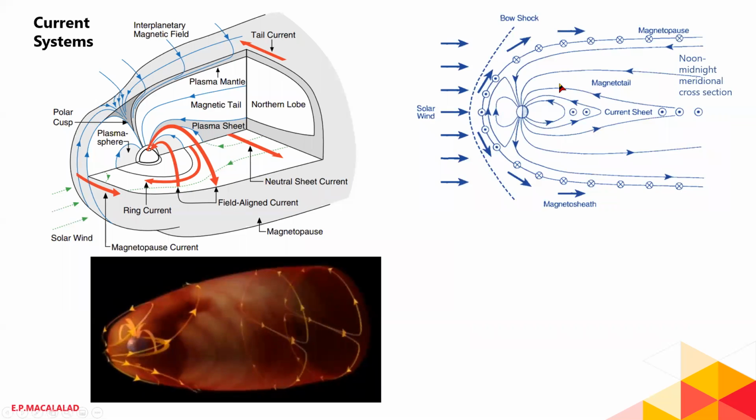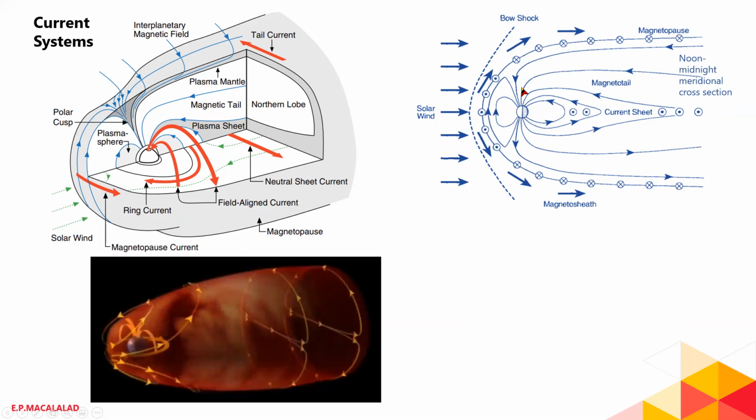In this cross section, you can see that the magnetopause current on the day side is pointing eastward, but the magnetopause current at the northern and southern sides, and even the tail current, is pointing westward.